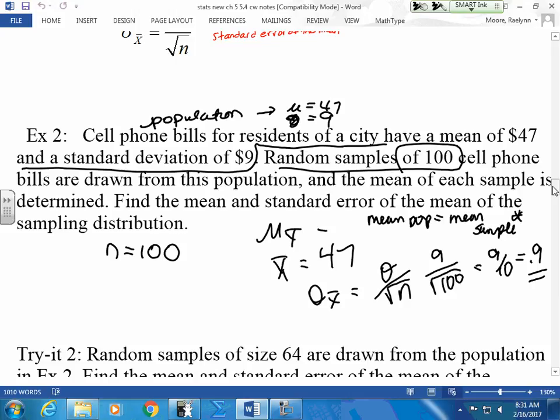Okay, so what happened to my curve? My curve used to look like this. Here was my 47. Let me just add 9 to this, 56. Now, here was my population.